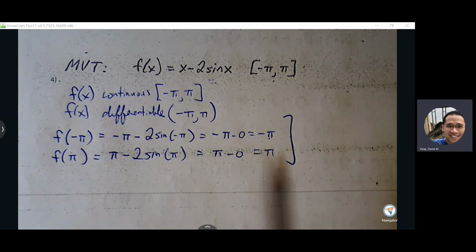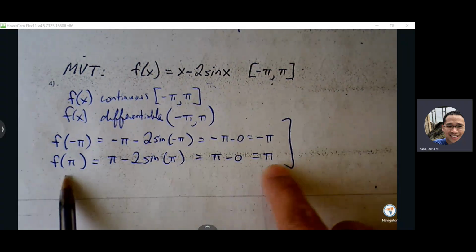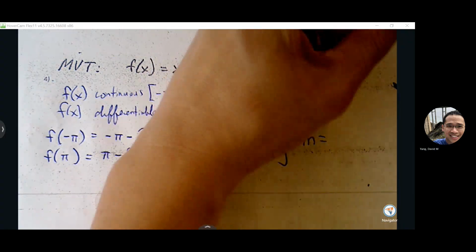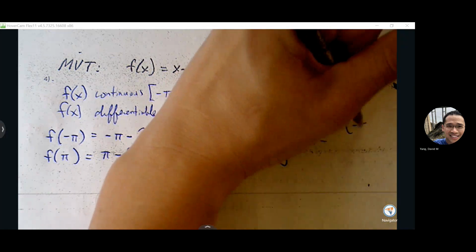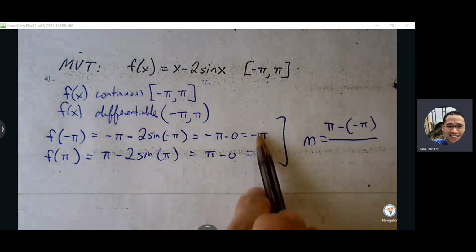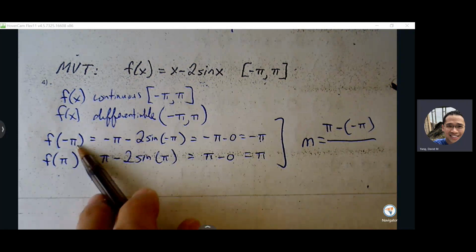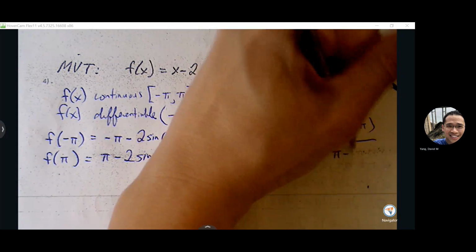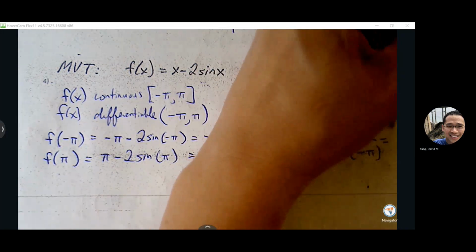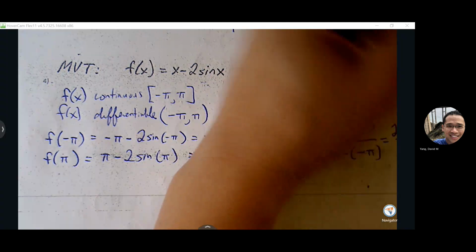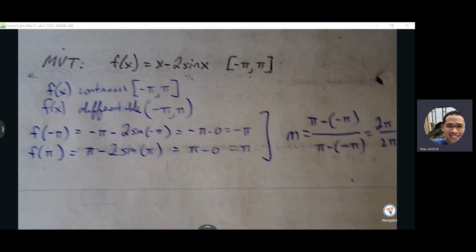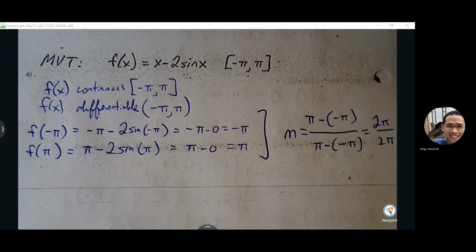It doesn't have to be a slope of 0, but we still have to take the time to find the slope between the endpoints. So we do change in y over change in x: pi minus negative pi divided by pi minus negative pi. Two pi over 2 pi is 1.